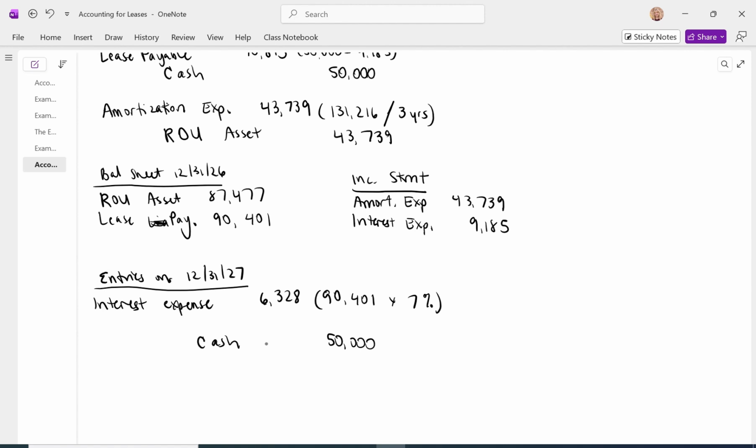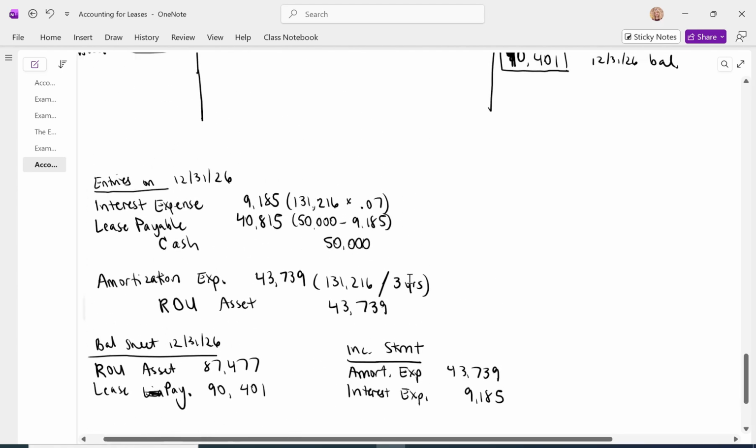And then the difference between the cash payment and the portion that relates to interest is the portion that I'm reducing that lease payable. And that works out to be 43,672. So I want to include this reduction in the lease payable in my T account.